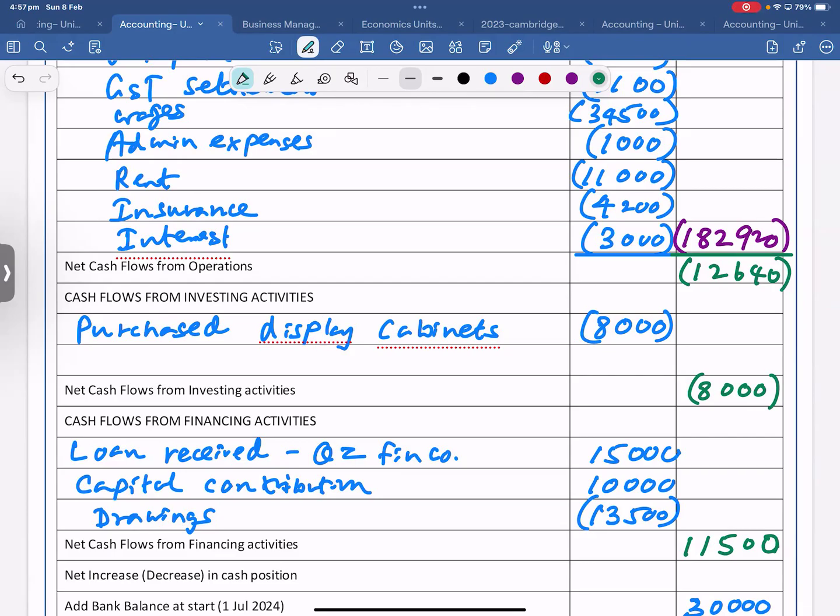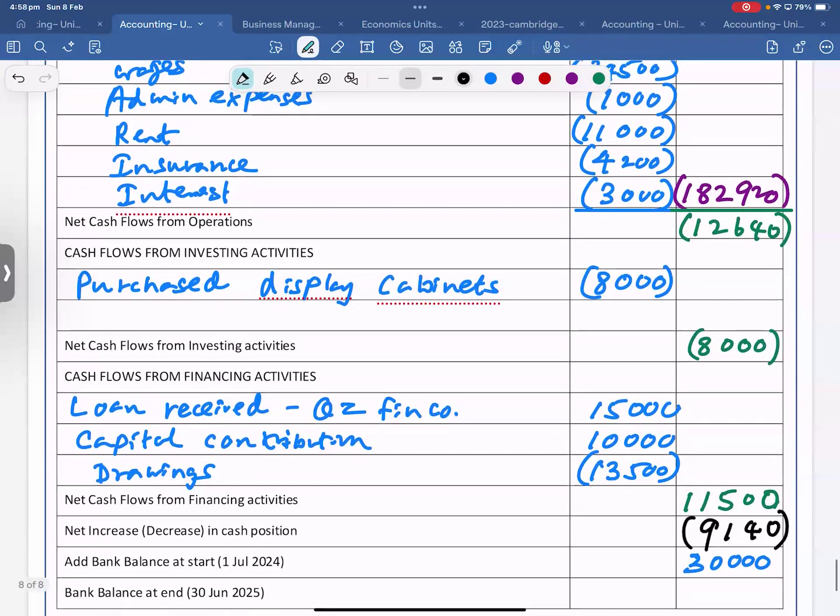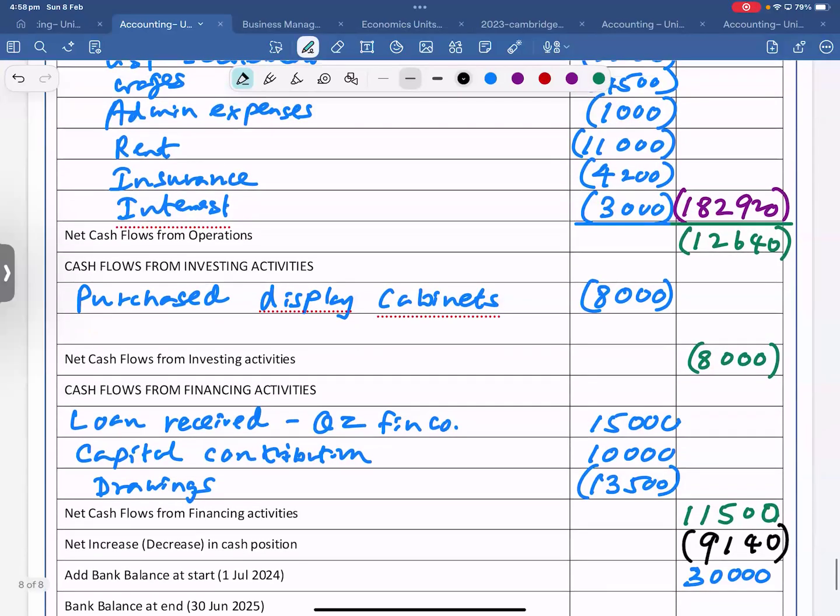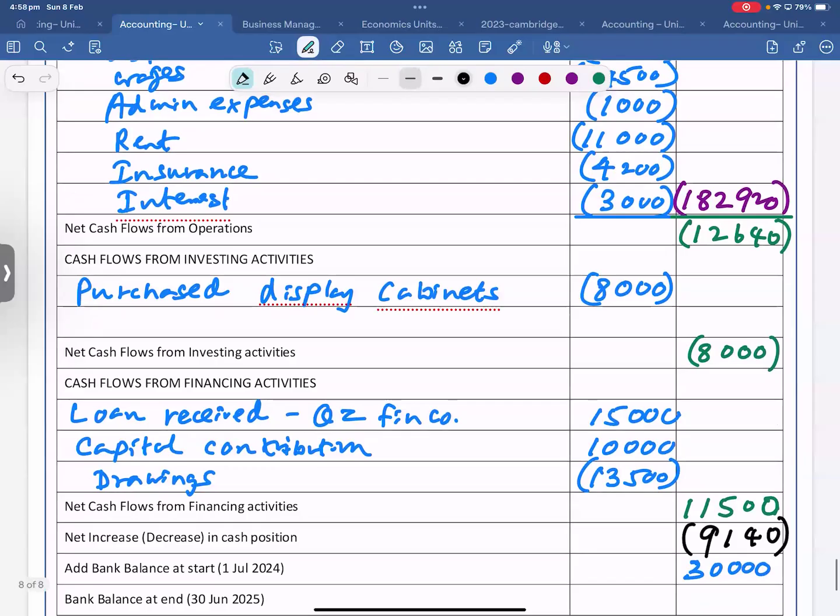We simplify all these green values. Was it 9,140 negative? Yeah, net decrease, and then the rest will be the bank balance at the end, which is 20,860.